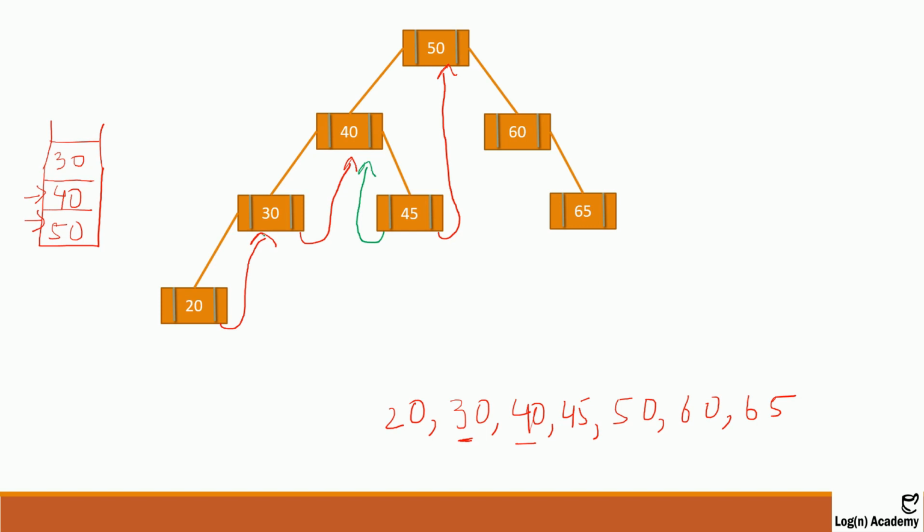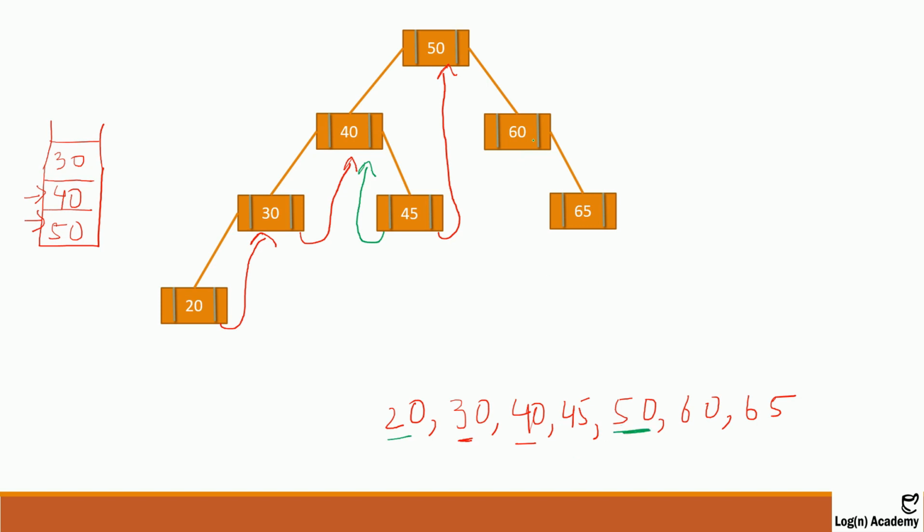Now for 30, the right is already pointing here. And for 20, if I am standing at 20, 20 is the very first node, so it's not going to point to any other node. Okay, so for 60, what's coming before 60? It's 50, right?